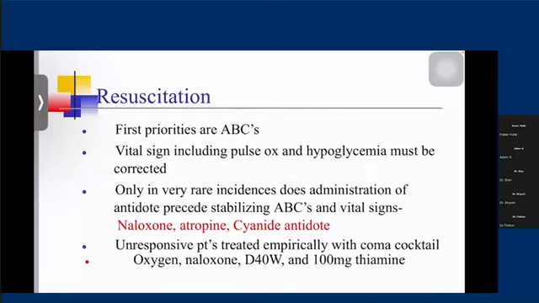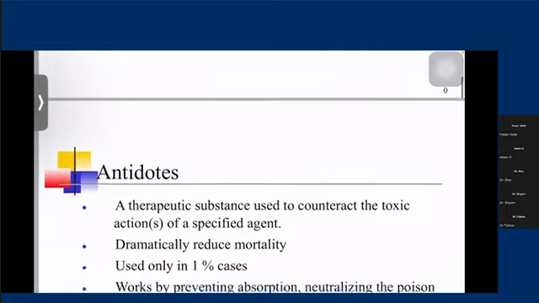By just giving atropine, we can prevent pulmonary edema and bronchorrhea, and we can clear the airways. So atropine is one of the most important, and the other is a cocktail.